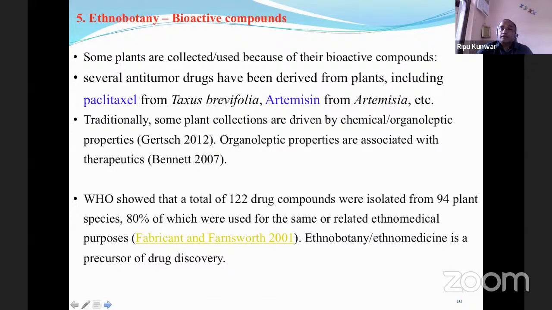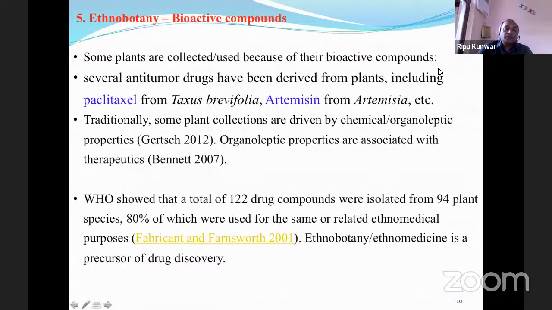Plants are collected because of their bioactive compounds. All of us know about the collection of Taxus for paclitaxel, or the collection of Artemisia for artemisinin. Traditionally, some plant collection is driven by organoleptic or chemical properties, which are associated with the therapeutics of the plants.